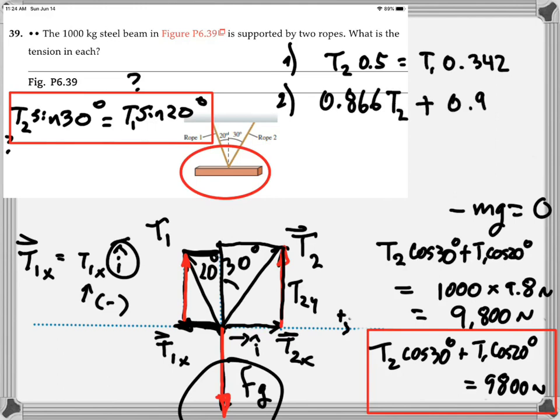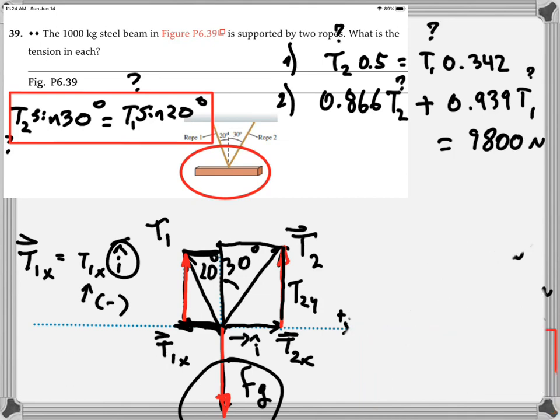And then the other equation is T2 cosine of 30. So cosine of 30 degrees is 0.866, times T2, plus cosine of 20 degrees, which is 0.939, multiplied by T1 equals 9800. Those are two equations, two unknowns. You learn how to do this in your algebra class.